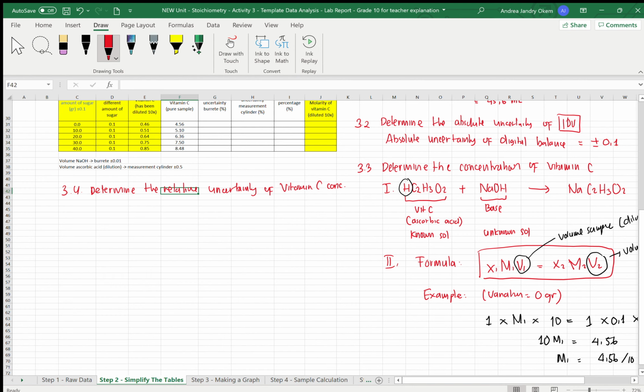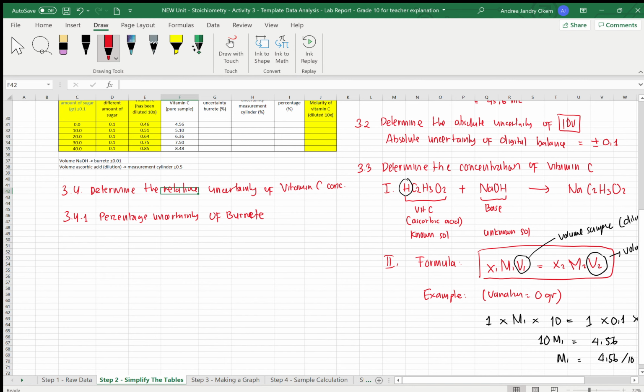Okay, so the first thing that we need to do is find the percentage uncertainty of the burette, because we use the burette to measure the volume of NaOH.